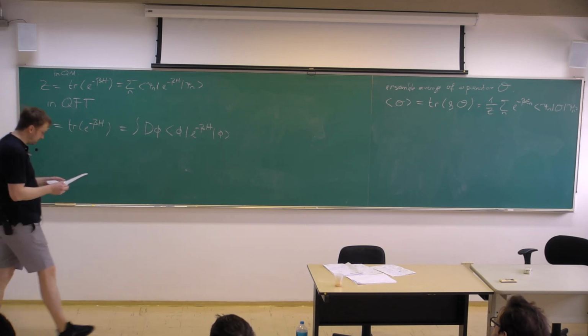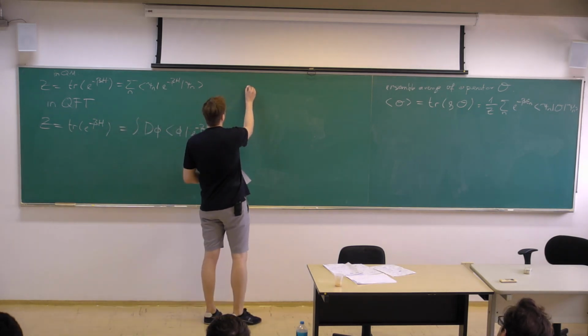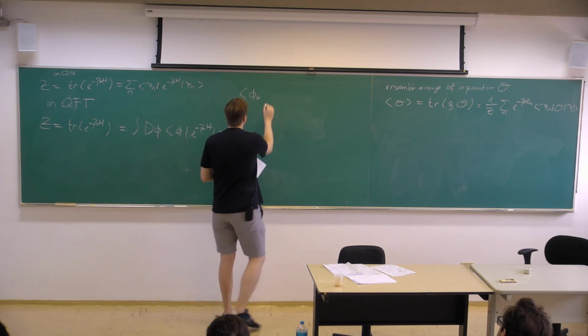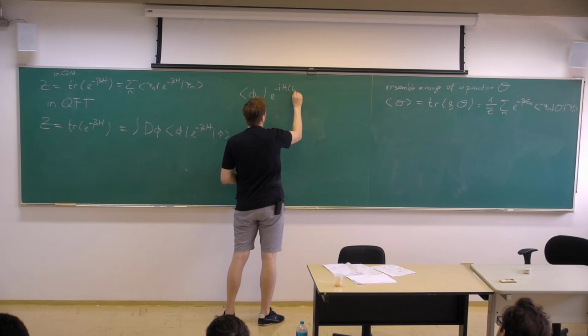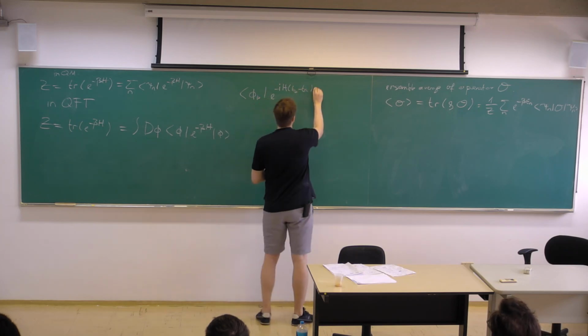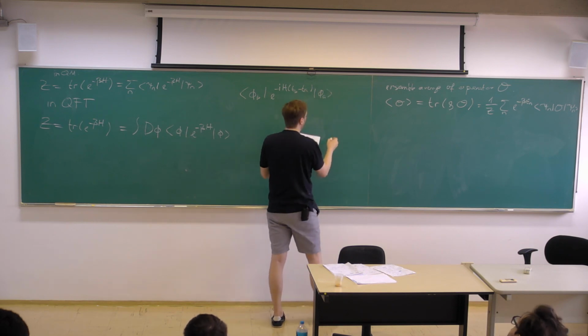And the starting point is Feynman's path integral formula for a transition amplitude. So I'll write it down first.